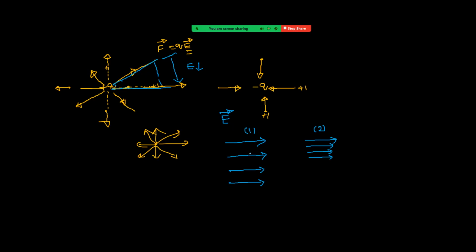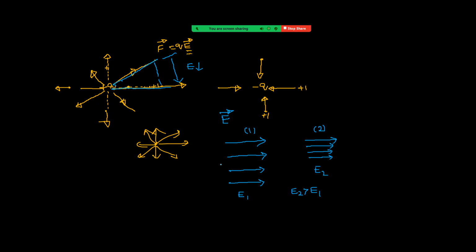And in the first, between any two successive lines, the separation is more compared to the separation in the second case, right? That means if this is E1 and this is E2, then by seeing these field lines, the strength of E2 is greater than E1.